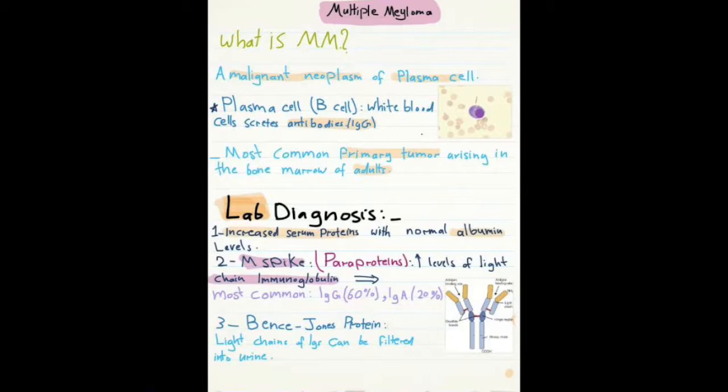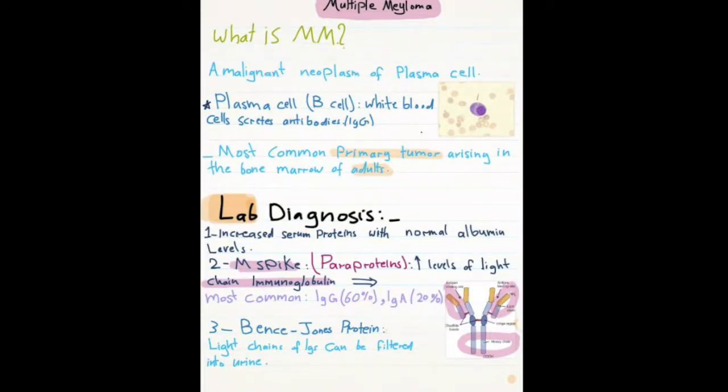As we know from immunology, in the formation of antibodies, we have two heavy chains, right here, and two light chains, right here. So in the M-spike, we'll see an increased level of the light chain alone, maybe, or it could be the antibody as a whole. But mostly we are going to see the light chain of the immunoglobulin in the serum.